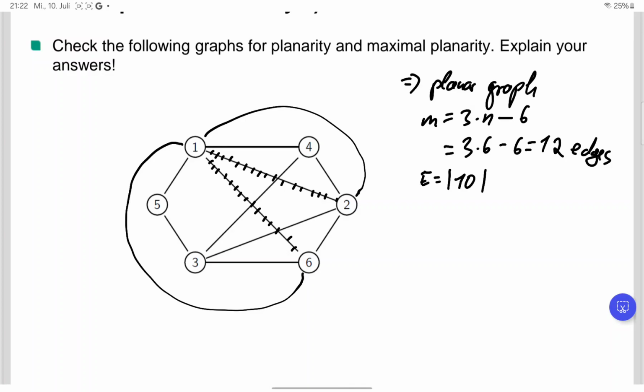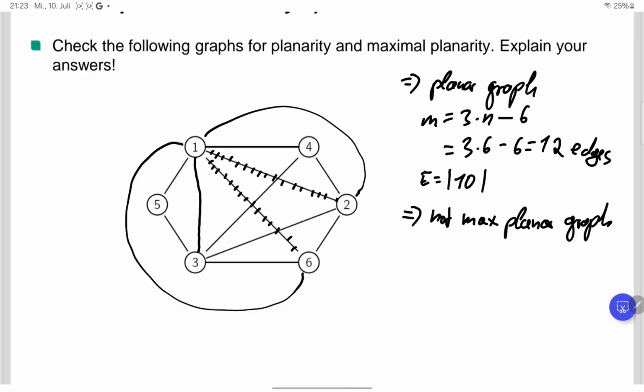And if you look at the graph, you can see that if you connect nodes 1 and 3, okay, you could add an edge without crossing the others. Okay, and therefore this is not a maximal planar graph.